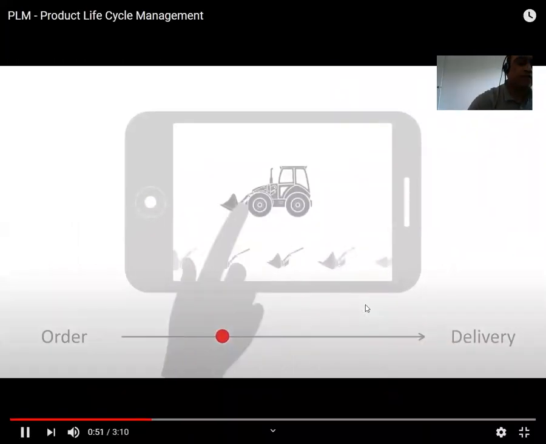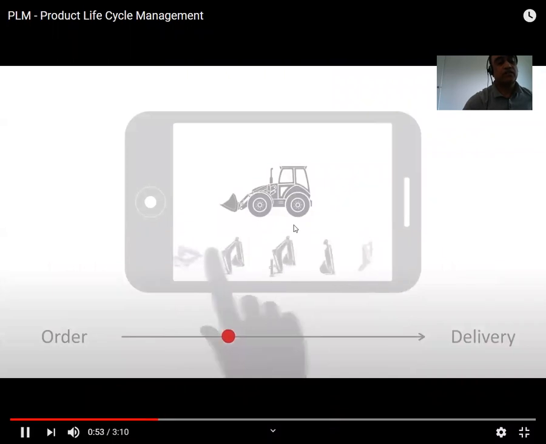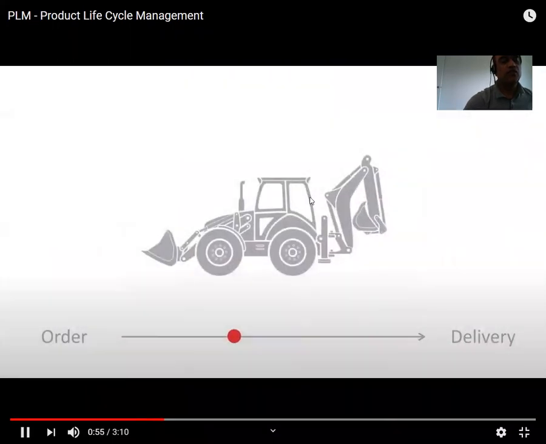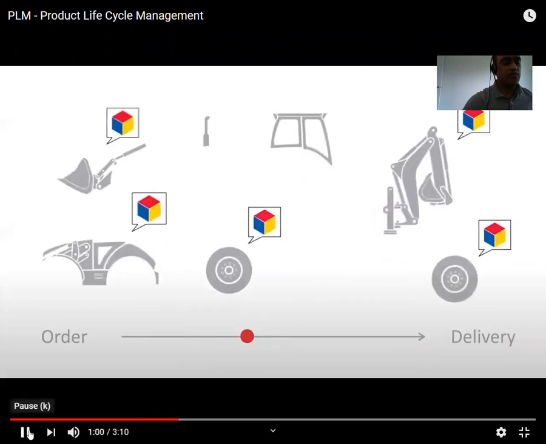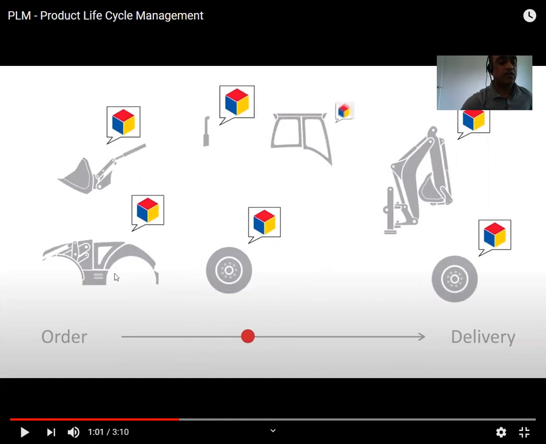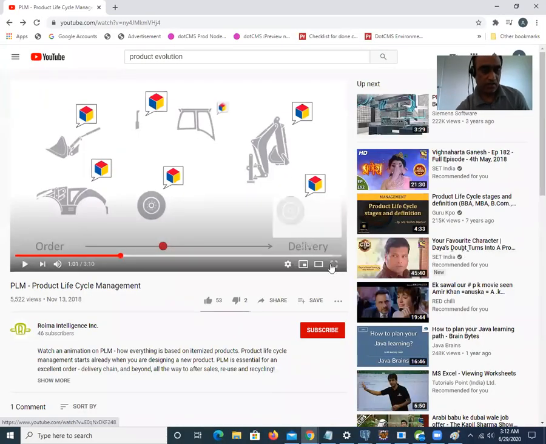Now, the product design is ready, right? We know this is the functionality. We're going to break this. Yes, we have broken this. What are these for us? These are basically some APIs.